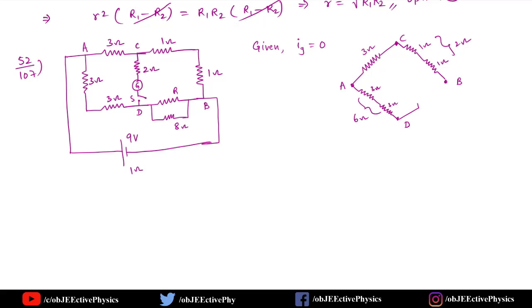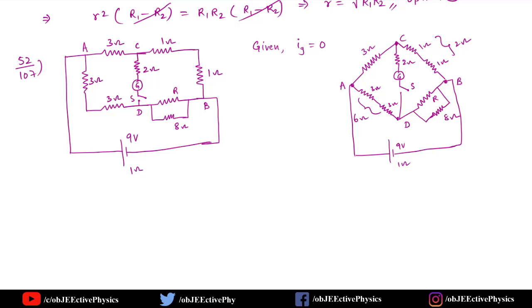Between D and B, one resistor R, and in parallel to this R, 8 ohms resistance is also connected. Between C and D, it is 2 ohms, then the galvanometer, then the switch. Now between A and B, a battery was connected, 9 volts and 1 ohm resistance.